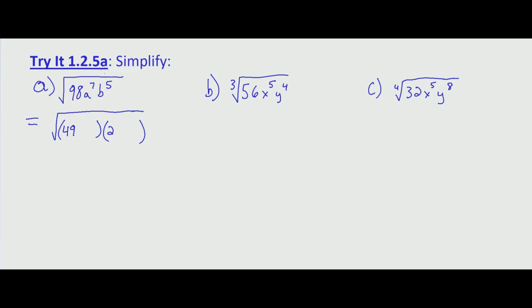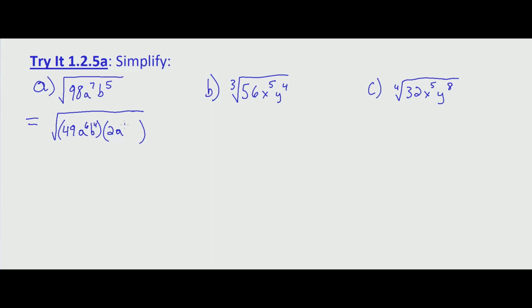A to the 7th. With square roots, we just want the largest even exponent factor. So 1 less than 7 is 6. We're still left with a. A to the 6th times a is our original a to the 7th. And last but not least, we're given b to the 5th underneath here. 1 less than b to the 5th is b to the 4th.